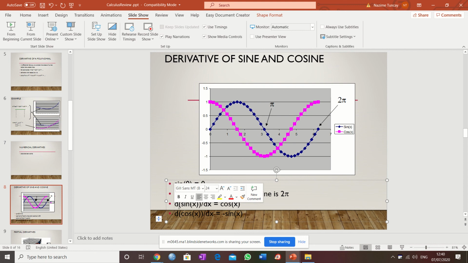When we take the derivative of sine x according to x, we have cosine x, this is so interesting. And when we take the derivative of cosine x according to x, we have this one.